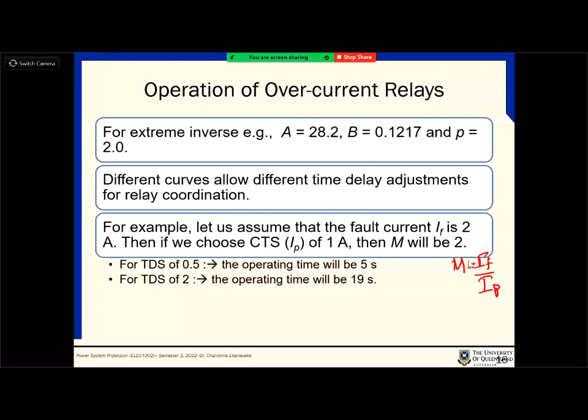How do we define which one we have to use? That is the question. Which TDS do we need to use? That depends on other factors, such as where the relay is located. If the relay is not coordinating or taking decisions by itself, then sometimes it's good to have the fastest operation, which is TDS equals 0.5.